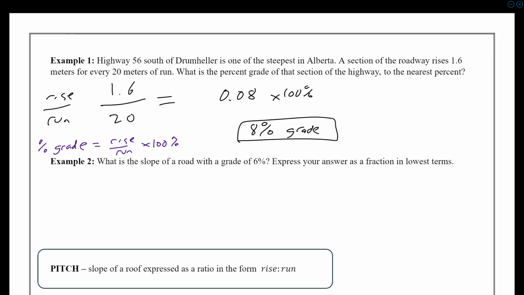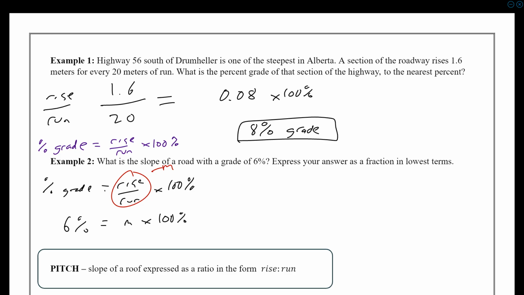So what's the slope of a road with a grade of 6%? Well, we know percent grade equals rise over run times 100%. This whole part here, rise over run, that's your slope. We were told that percent grade is 6%, and that equals slope times 100%.